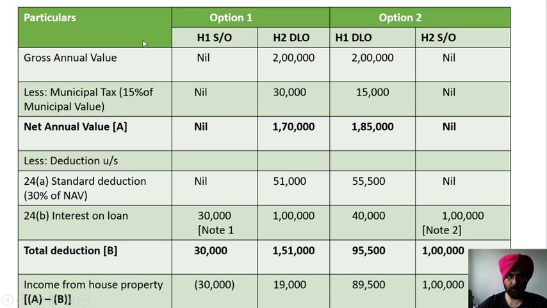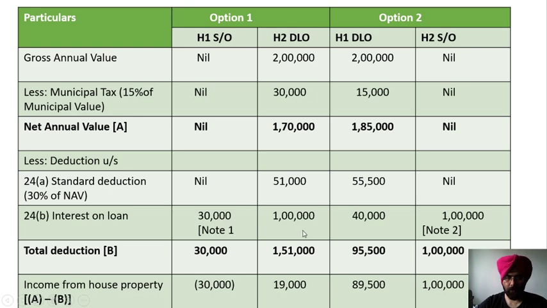I have taken the gross annual value of house property 1 as nil, and house property 2 as deemed to be let out. So gross annual value of house property 2 is 2 lakh, less municipal tax 15% of municipal value, which is 30,000, and net annual value is 1,70,000, that is 2 lakh minus 30,000. Standard deduction is 30% of net annual value, so 1,70,000 multiplied by 30% comes to 51,000, and interest on loan is 30,000 available.